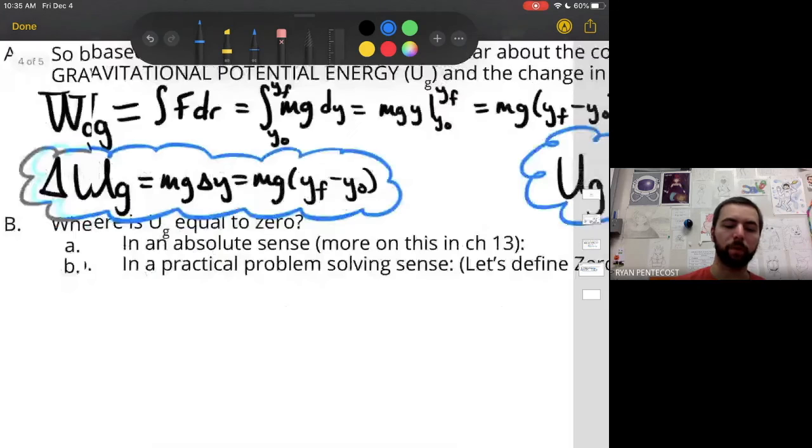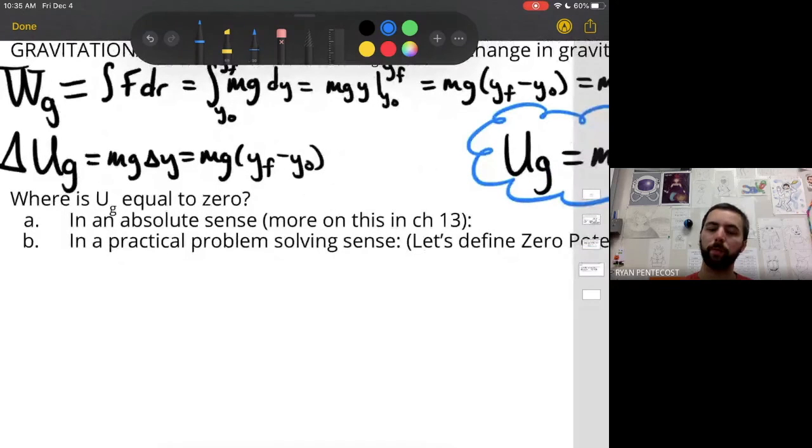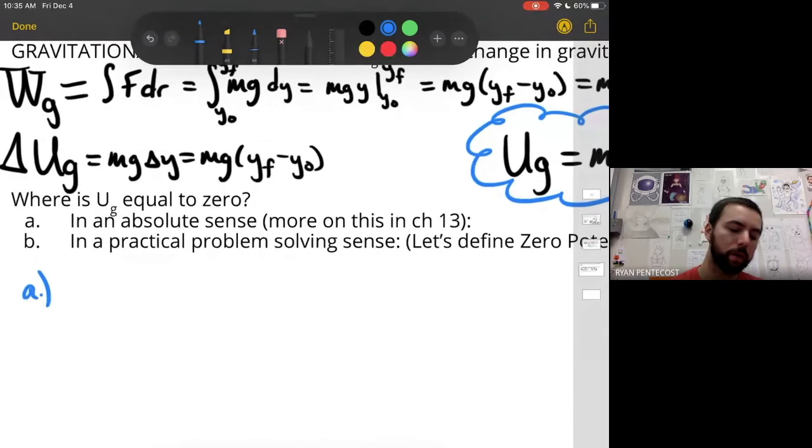Now, for some deep conversations. Where is potential energy of gravity equal to zero? So in an absolute sense, more on this in chapter 13, where could the gravitational potential energy equal zero? If we think about gravitational potential energy, gravity depends on a couple things. It depends on the masses of the two objects.